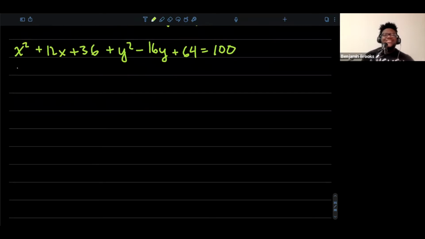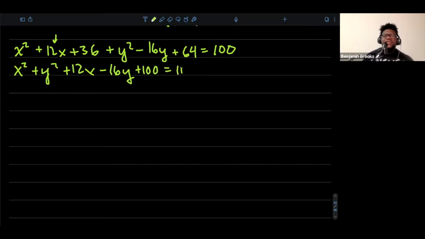Then we're going to put everything into standard order. We got x squared first, then y squared. These are basically our linear terms, so 12x, we're going to put that there, and then minus 16y. And then we're going to have 36 plus 64, which is 100, is equal to 100.